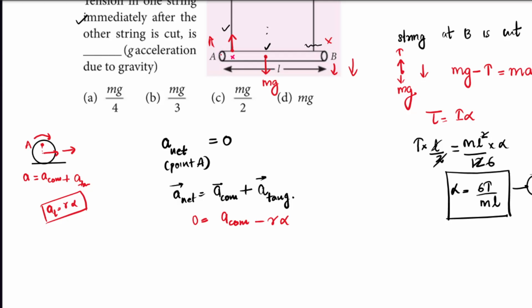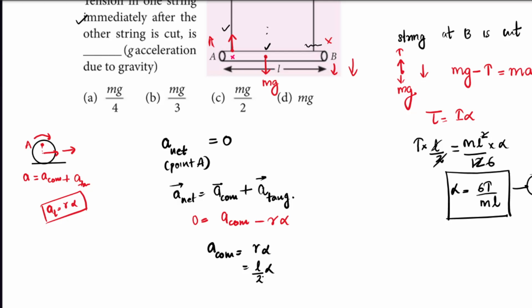It's supposed to go up, right? And the center of mass acceleration is in the downward sense. Since both are opposite, we can take one to be negative. So the acceleration of center of mass is equal to r alpha, where r is L by 2 here. So L by 2 alpha is the acceleration of the center of mass.